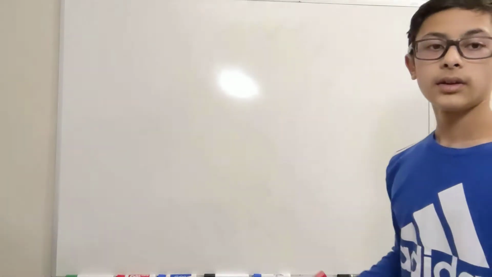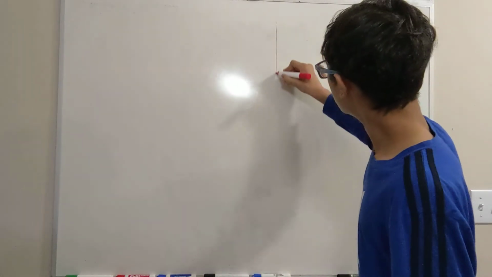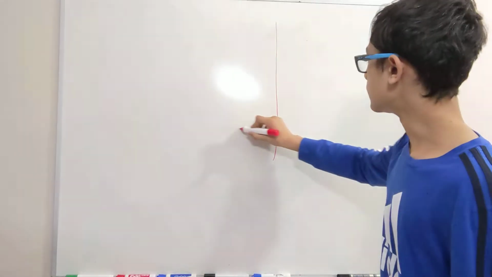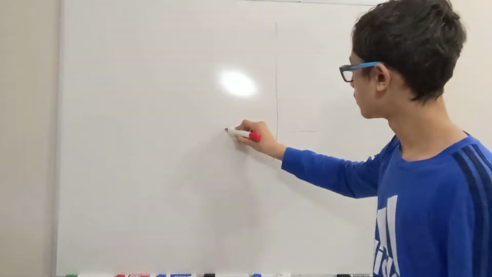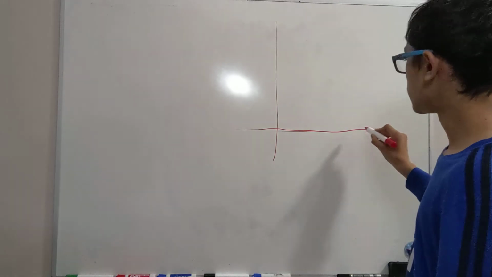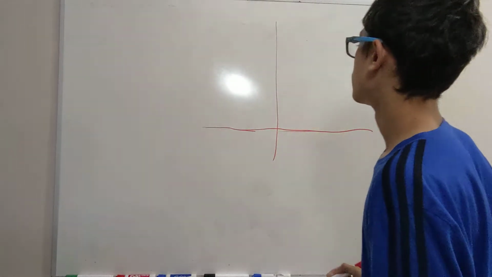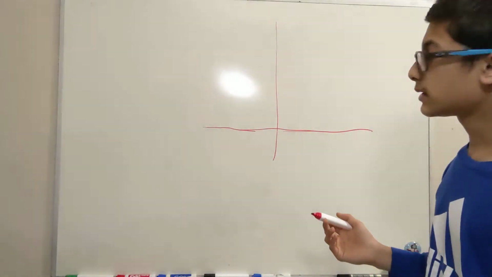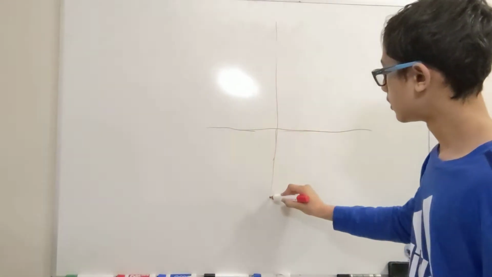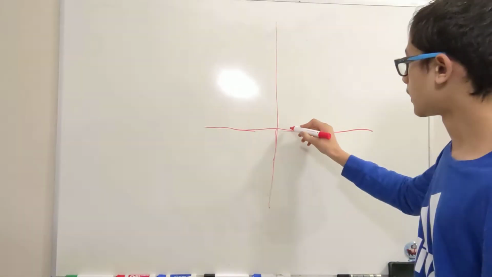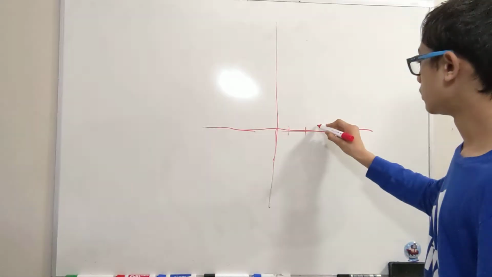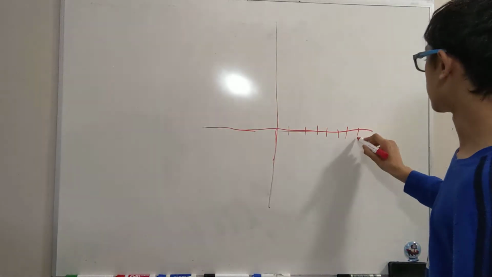So, if we draw a graph like this, in case you don't know what a graph is, I might make a video on that later too. So, this is a graph. And what we do is we mark on our numbers. 1, 2, 3, 4, 5, 6, 7.